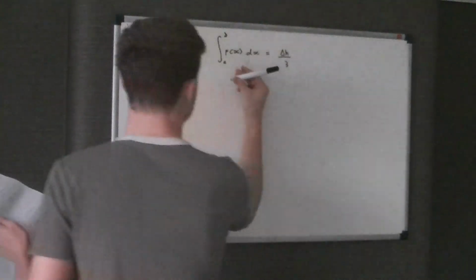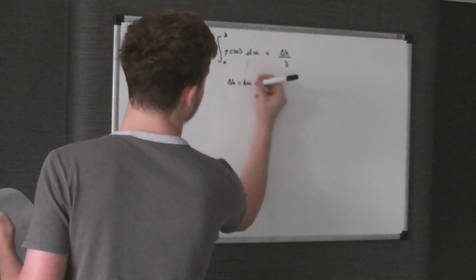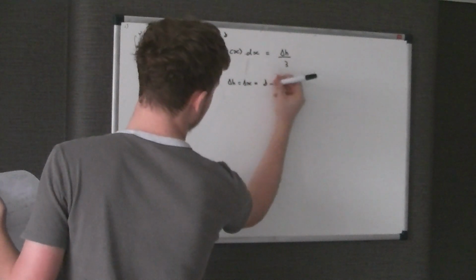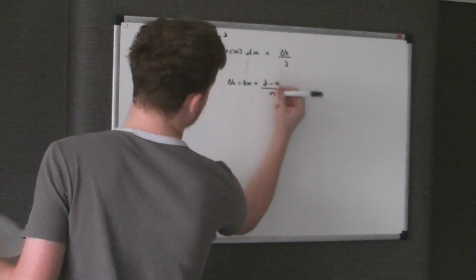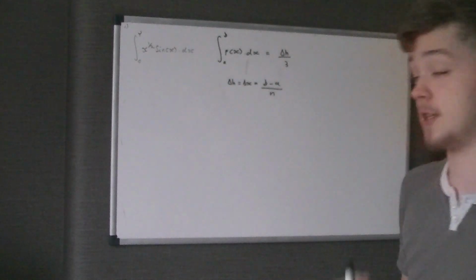And we say delta h, or delta x, is equal to b take a over n. Now the key thing with Simpson's Rule, if you remember, is n is always even.